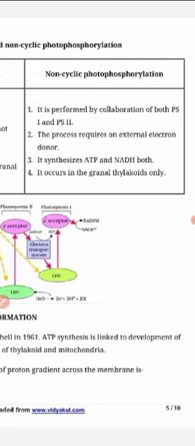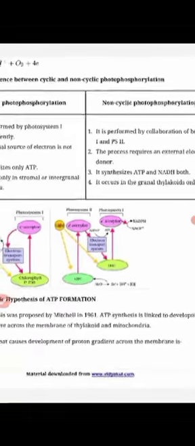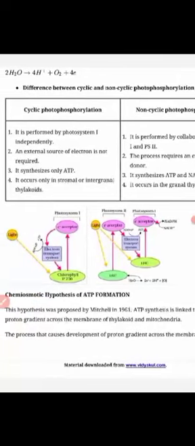So it is performed by the collaboration of both PS1 and PS2. This process requires an external electron donor, and the synthesis of ATP and NADPH both occurs in the granal thylakoid only. It occurs in the grana only.